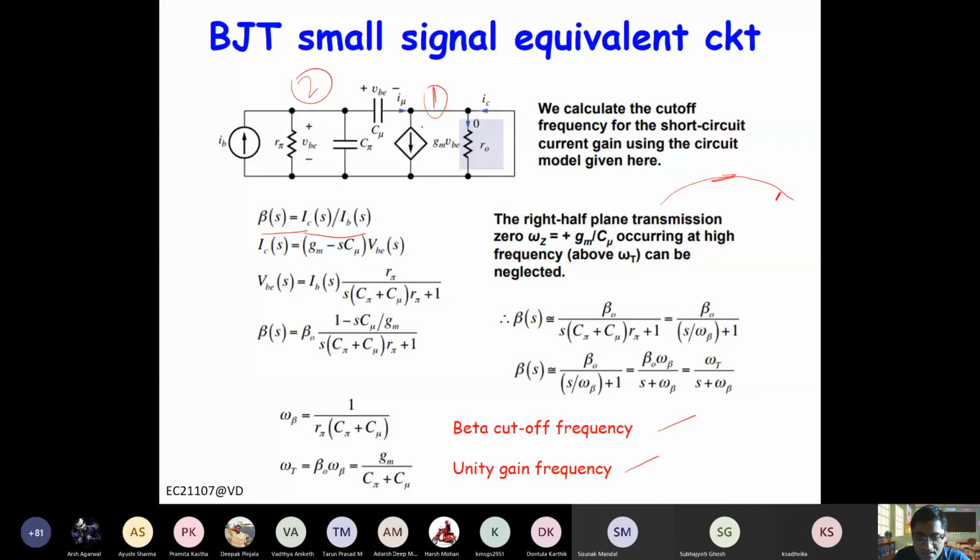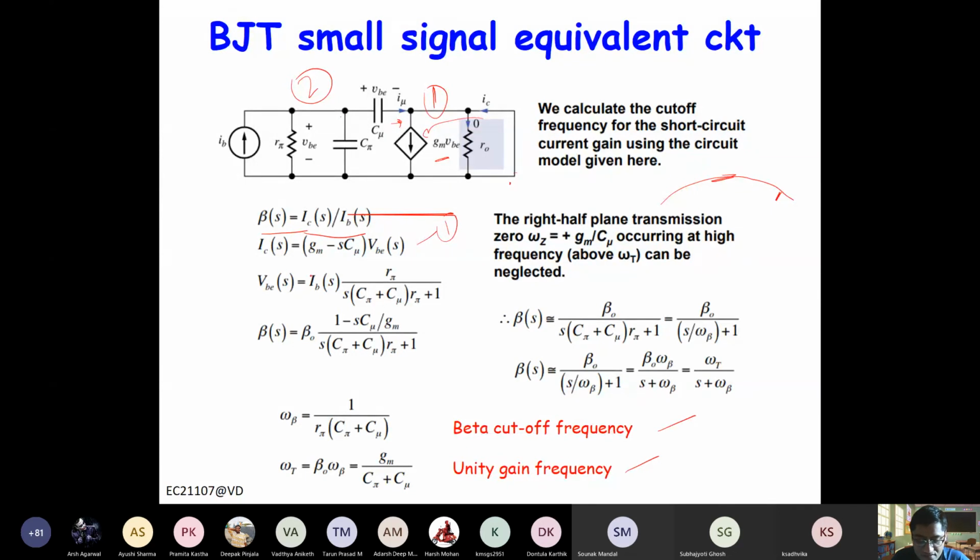At node 1, if you write KCL, you will be able to relate this IC, right? So your IC will be, from node 1, IC is equal to g_m V_BE, right? And minus s C_mu times V_BE, right? Because the emitter is also at 0 volt.